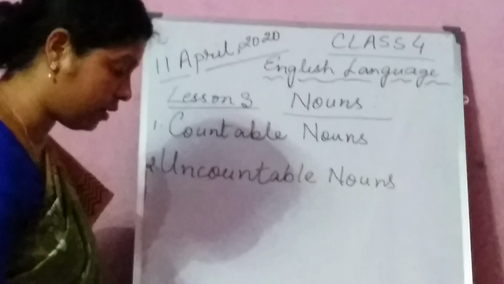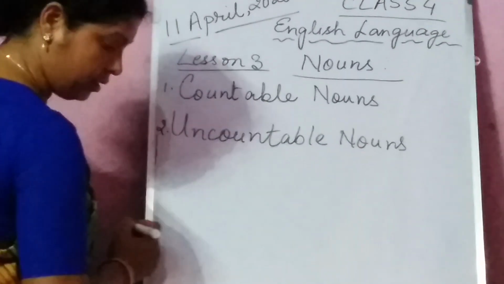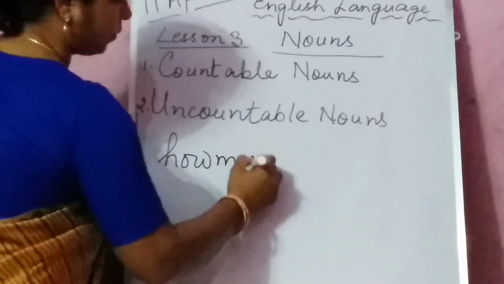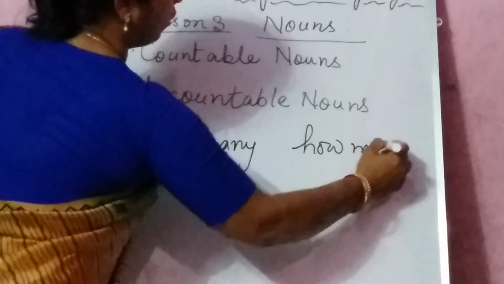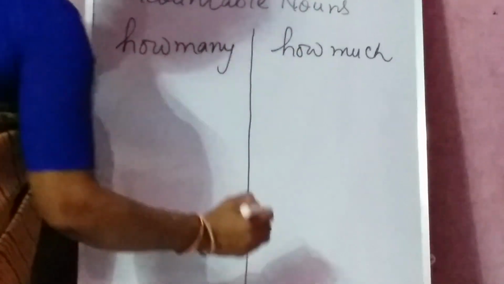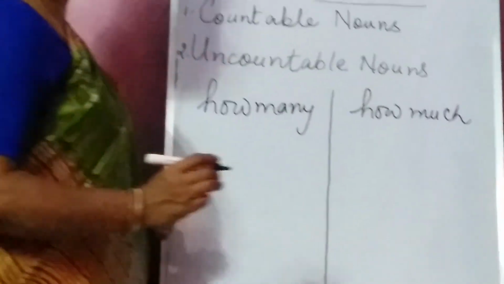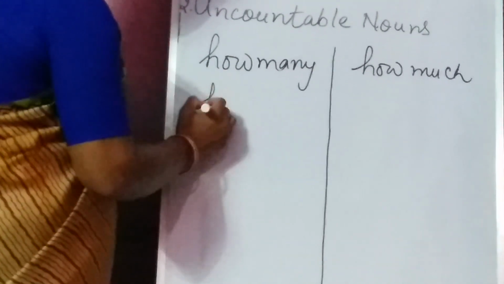Okay, we will do that. We will write first of all how many and how much. That is number 1. How many and how much. Now you see here, number 1 is bowls. Bowls, I hope we can count. So we will write under this.